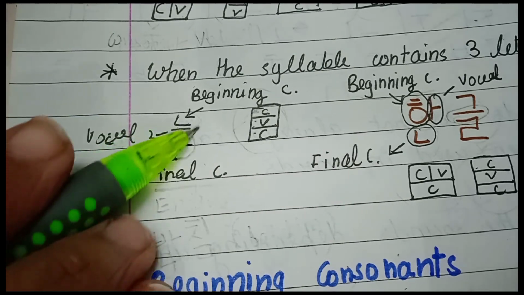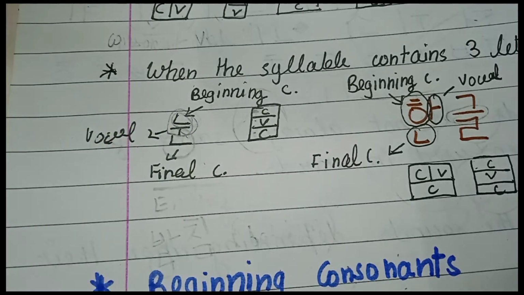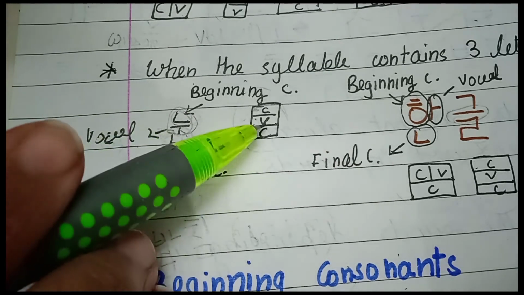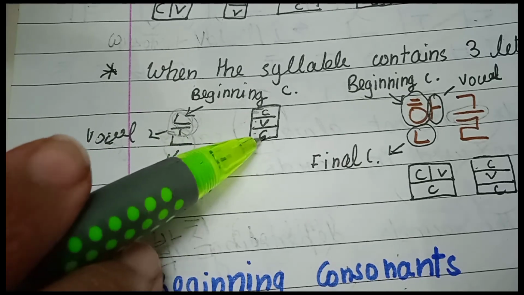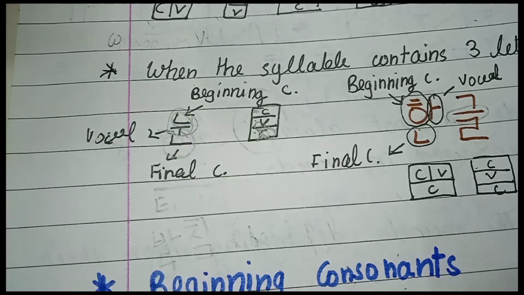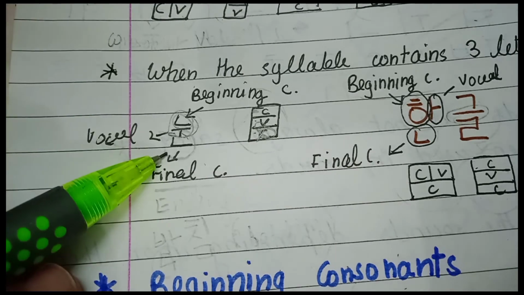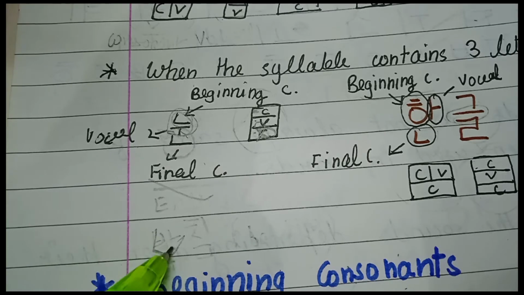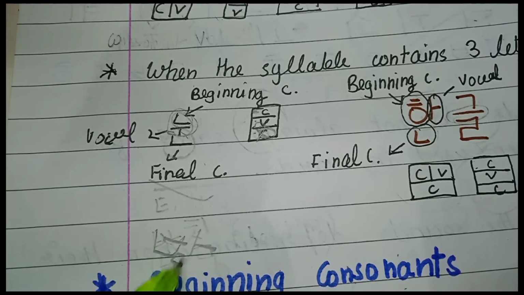So the first one is the beginning consonant, then the vowel, and then the last one, nieun, is the final consonant, or it can also be called the ending consonant or Batchim. Then we have the next word, hangul, which is written like this.